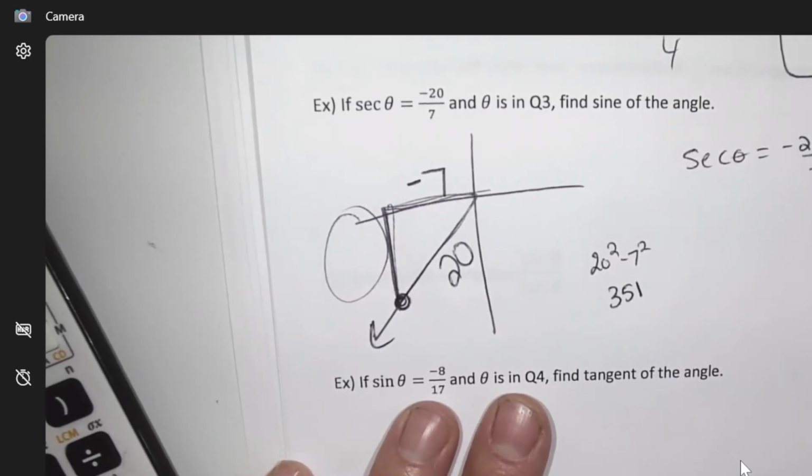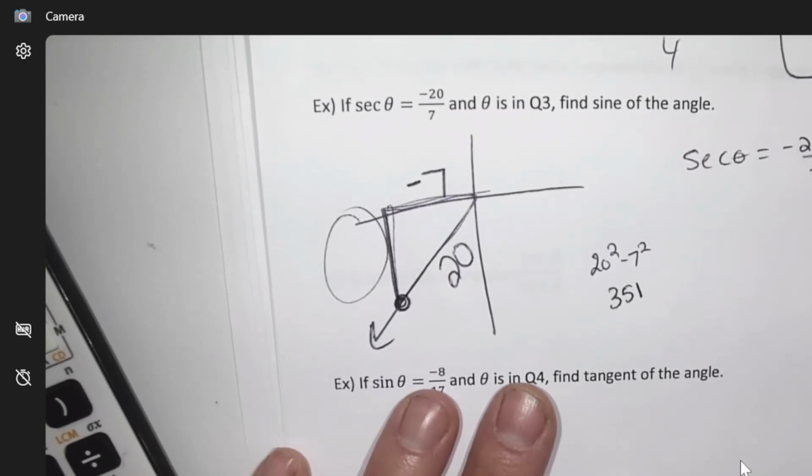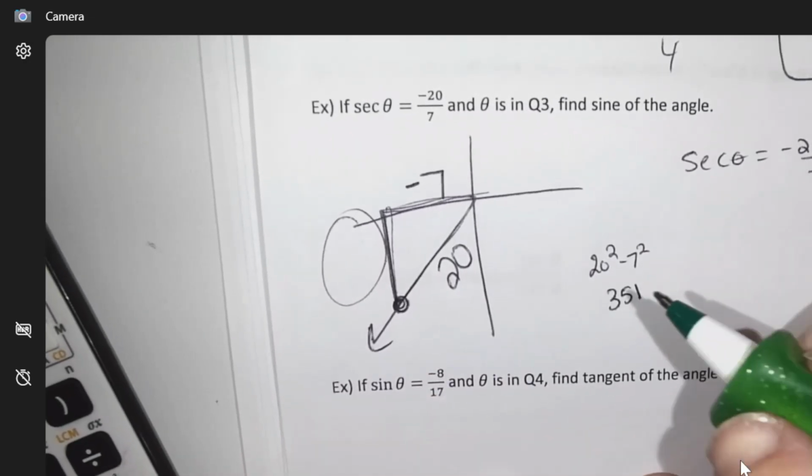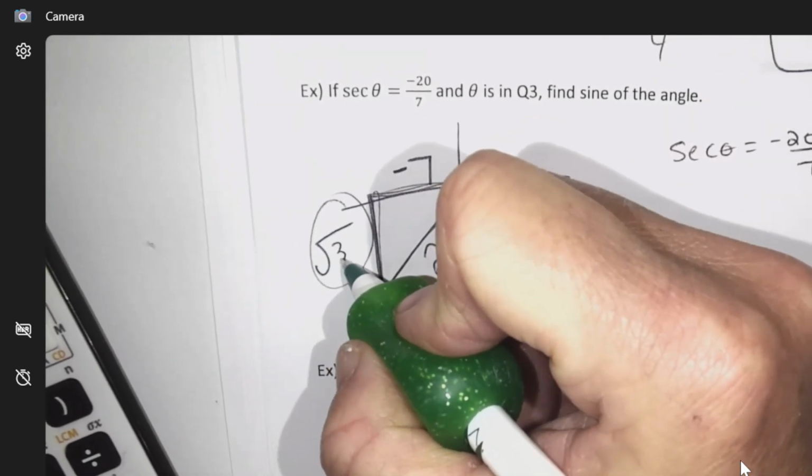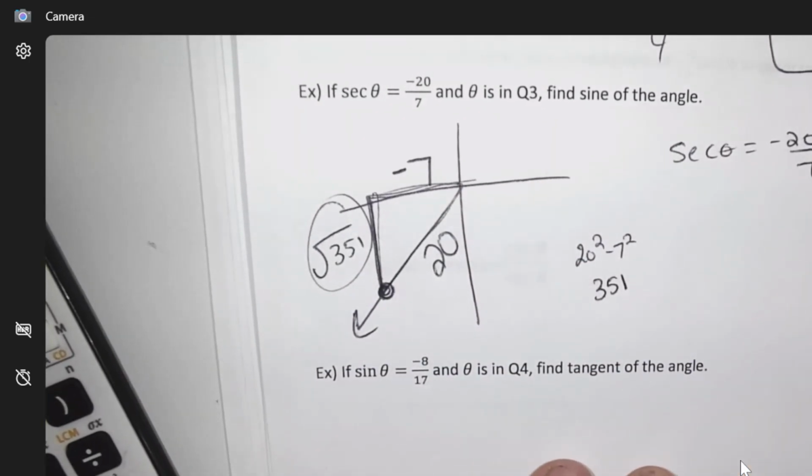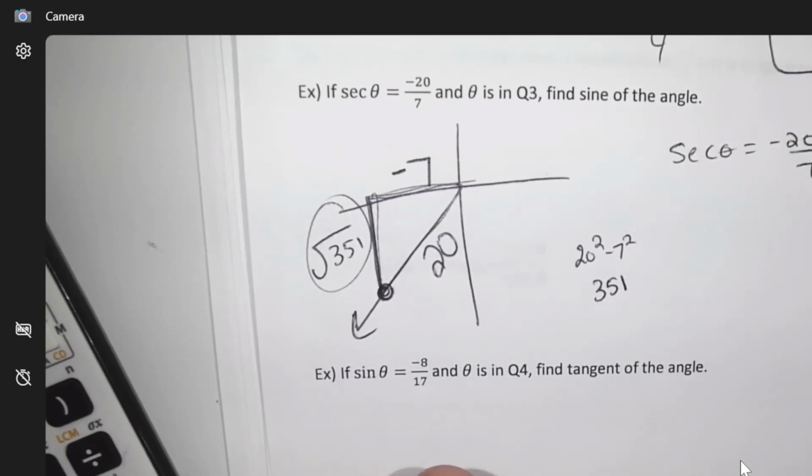Okay, you can't write decimals. So you always have to stay exact. So if I want to stay exact, I'm just going to leave it as a radical. Okay, we did that last year as well. Just leave it as a radical. If it doesn't go exactly, just leave it.